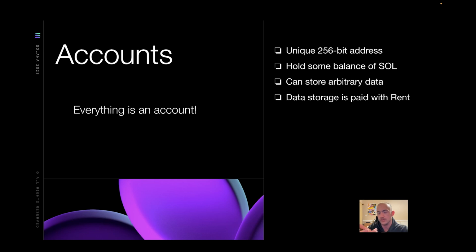And so the concept of rent is there to incentivize people to be very aware of what they're storing and try to optimize these storage solutions where possible. So you put a real, almost negligible amount of SOL, depending on the size of the data, into the account, and that takes care of your rent.